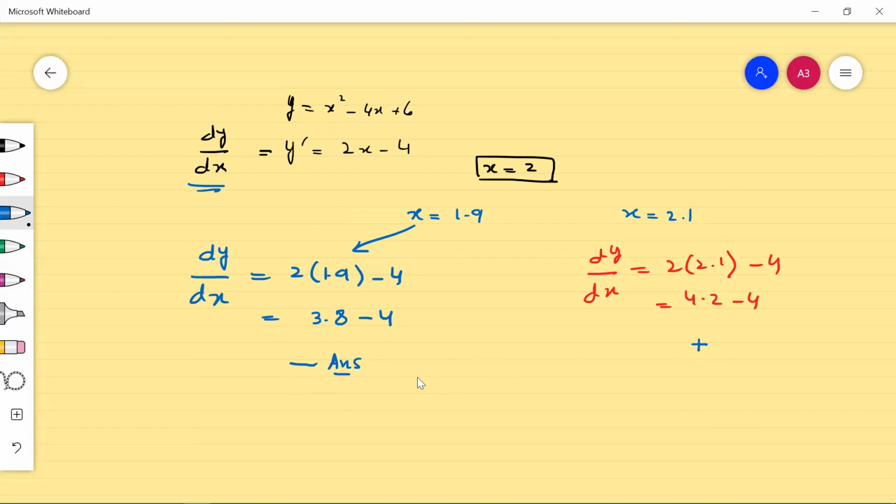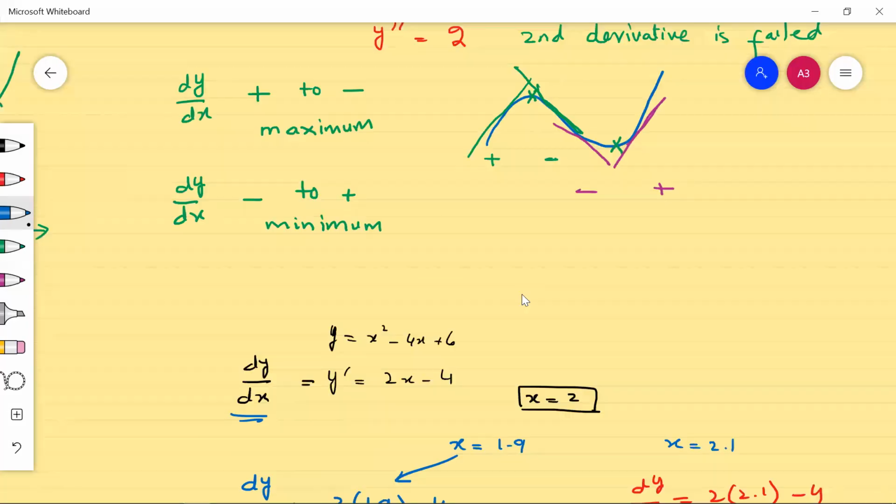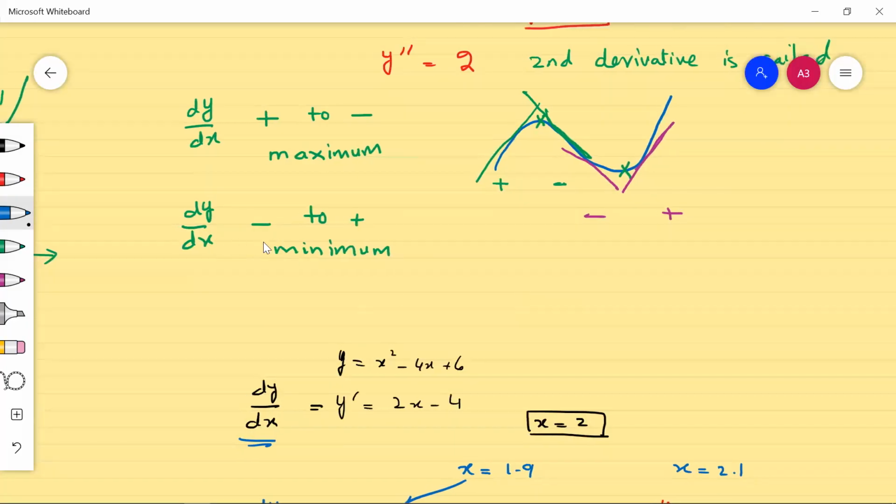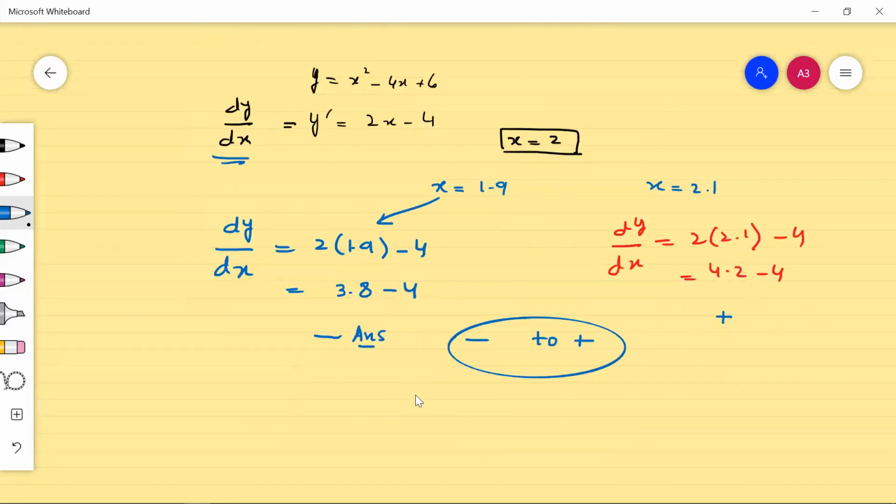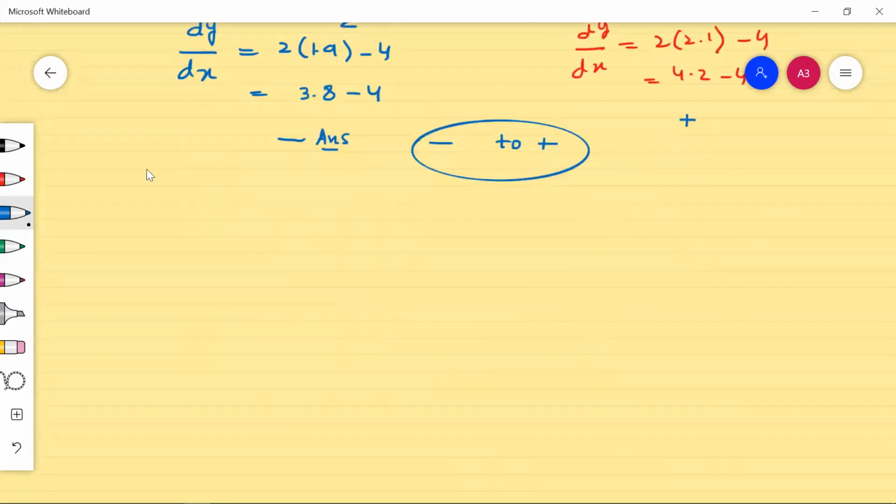It means the slope is changing sign from negative to positive. Look at the given condition of the first derivative test: if the slope changes sign from negative to positive, the point is a minimum. So we write here, x is equal to 2 is a minimum point.